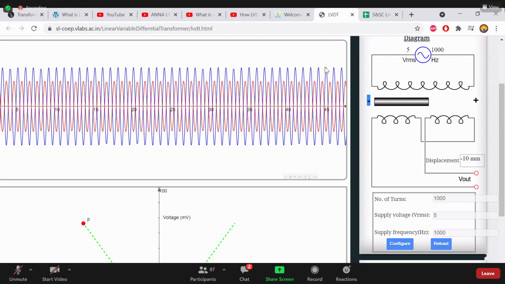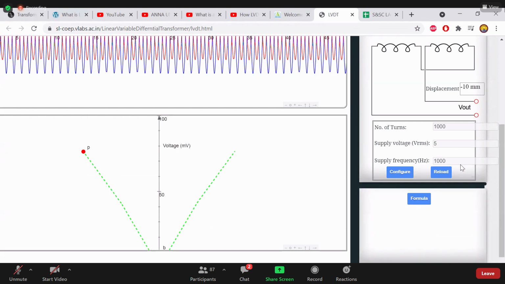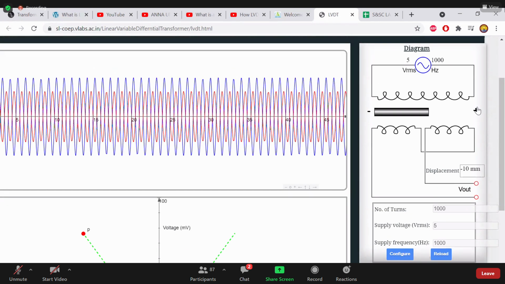If blue one is positive voltage, red one is negative voltage. If blue one is negative voltage, red one is positive voltage. See, displacement is minus 10 mm, negative voltage. Dot P will move on the graph.